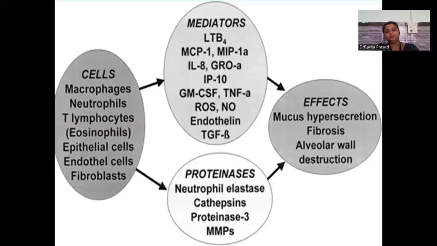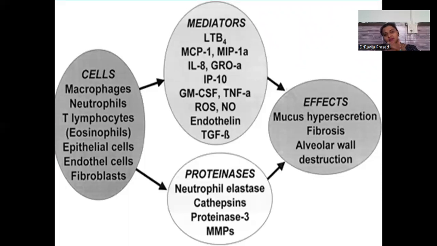Now, what are mediators? The mediators act as pro-inflammatory agents for causing asthma, or for causing inflammation, chronic inflammation, which tends to asthma. The mediators are LTB4, MCP-1, MIP-1A, IL-8, GRO-A, IP-10, GM-CSF, TNF-A, ROS, NO, endothelin, TGF-B.